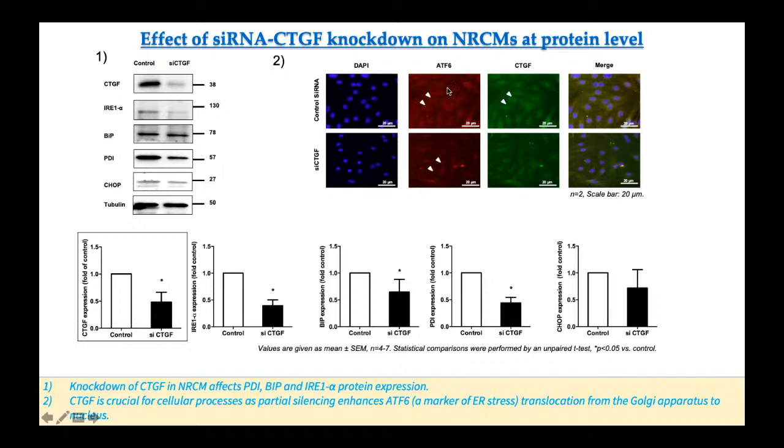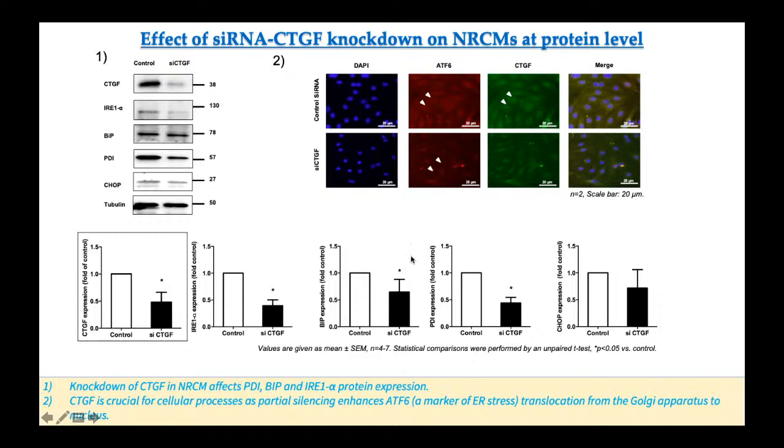What I saw was that in the normal case, the ATF6 is also present outside in the cell, outside the nucleus, and the CTGF is present quite nicely, inside and very prominently. But when I did the knockdown, CTGF expression got less. That's good. My experiment works. But what I saw was that the ATF6, which was present outside, goes into the nucleus. It was not present outside anymore.